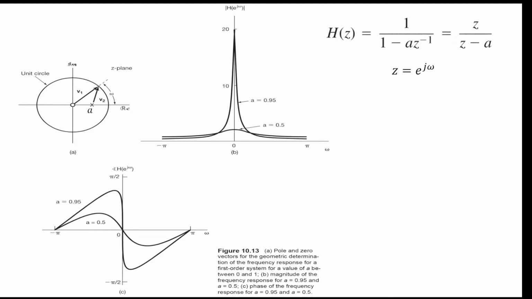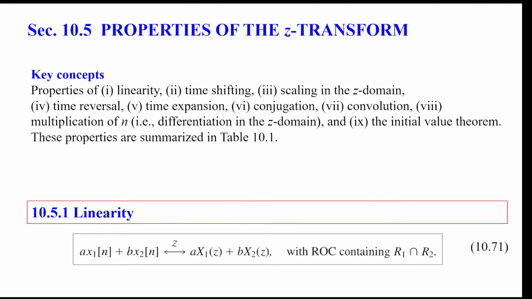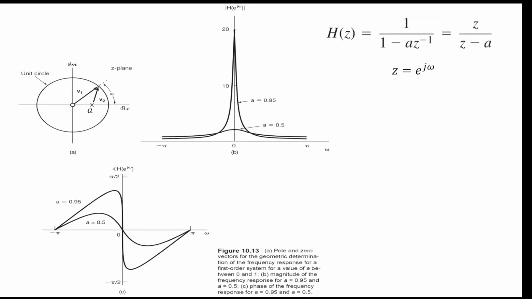Let's try to draw here. If your A is close to here, let's draw a very big circle here. This is a slice of a very big circle, and your A is here, and you have some omega point here.